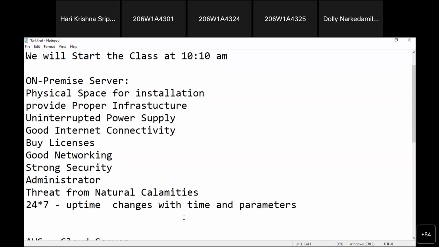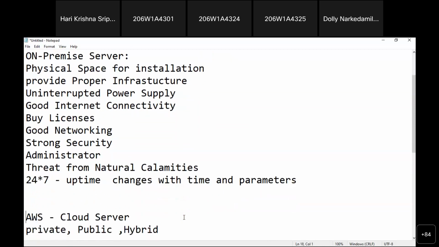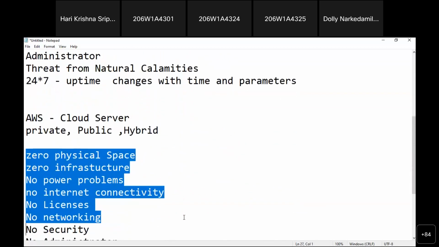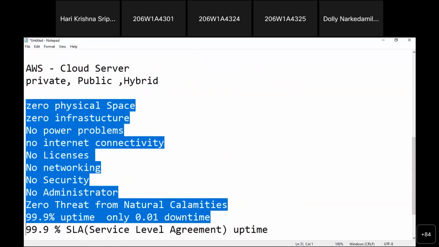So what is the problem if you maintain it yourself? If we maintain our server by ourselves, we call it an on-premise server, right? Similarly, if you take your server or any type of services from AWS, these are all the advantages over an on-premise server, okay.